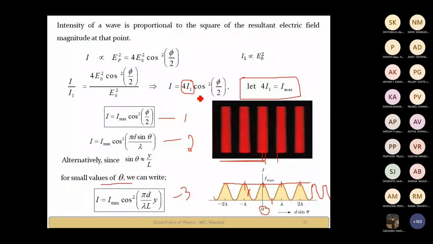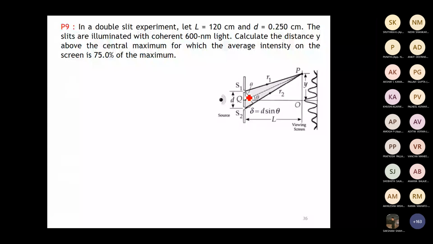So with this, we'll take up one numerical, and then we will look into the next topic. In a double slit experiment, let L be 120 centimeter and d be 0.250 centimeter. The slits are illuminated with coherent light of 600 nanometer, and you need to calculate the distance y above the central maximum for which the average intensity on the screen is 75% of the maximum.